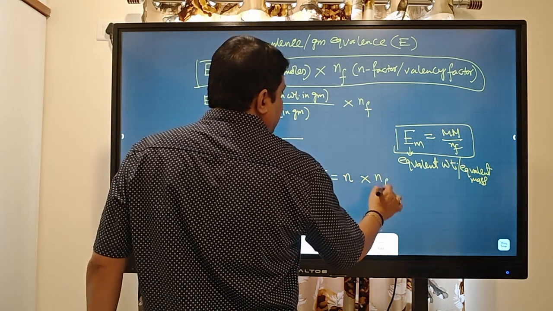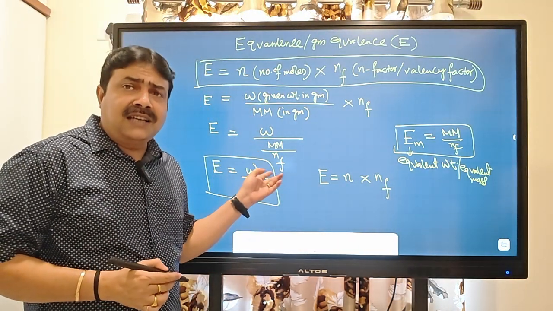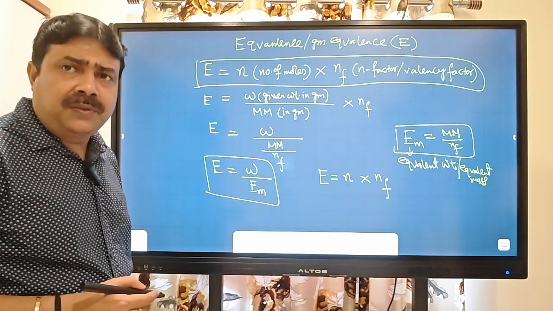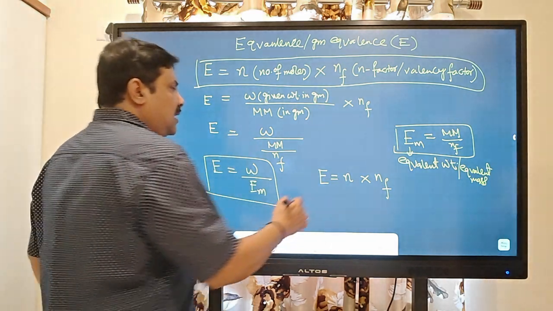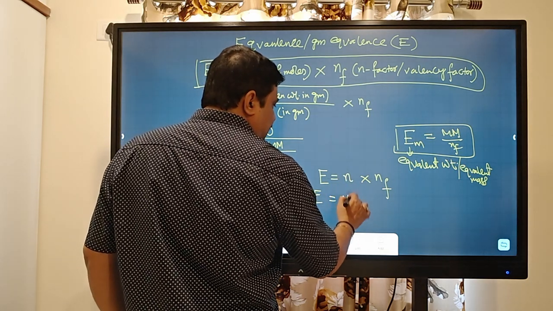Number of moles again I can change in terms of molarity into volume of the solution in liter. Already in mole concept and molarity we discussed that part. So then equivalence will be equal to, instead of number of moles, what can I write?